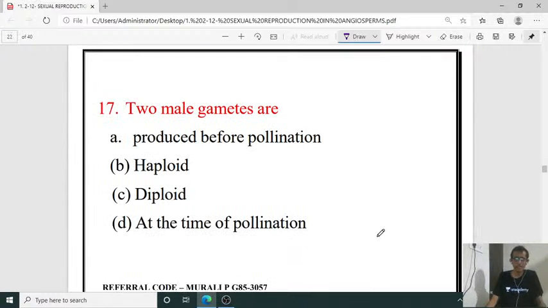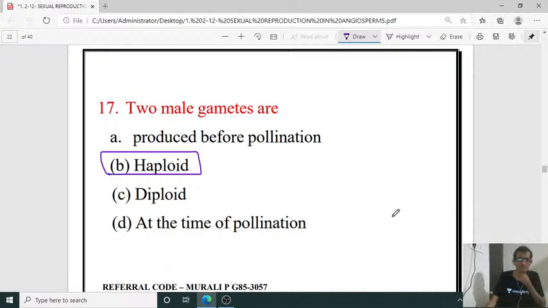Then, two male gametes are produced before pollination. Are they haploid or diploid at the time of pollination? So for the 17th one, B is the right answer.